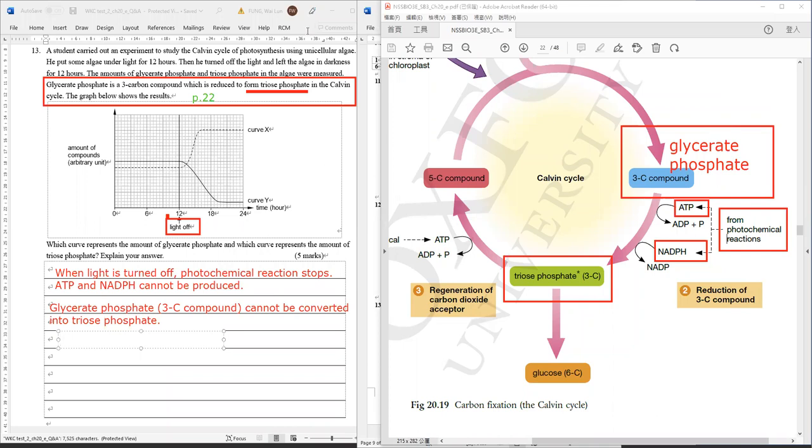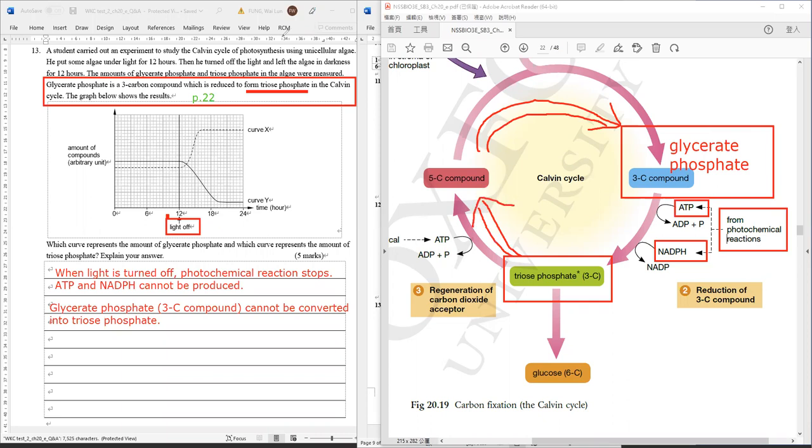But the other reactions keep on occurring, which includes, for example, 5 carbon compound into 3 carbon compound. We keep on producing 3C compound, and triose phosphate is kept on being produced.